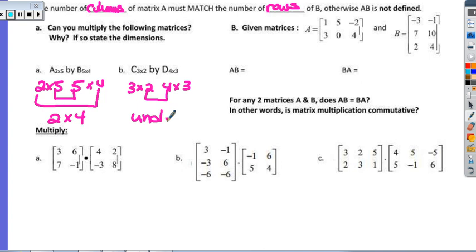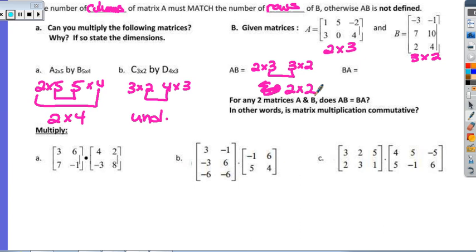Alright, so let's just take a look at these two here. Matrix A is a 2 by 3. Remember, we go row by column. B is a 3 by 2. So if I want to multiply A to B, and order is important, you're going to have to list them in the correct order. So I'm listing the dimensions of A first, then B. The columns in A match the rows in B, and my resulting matrix is going to be a 2 by 2.